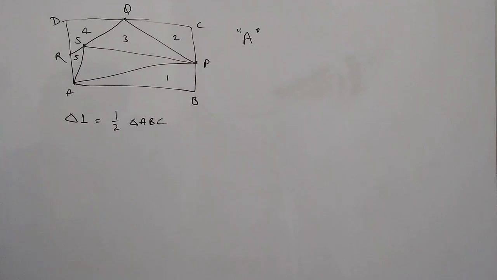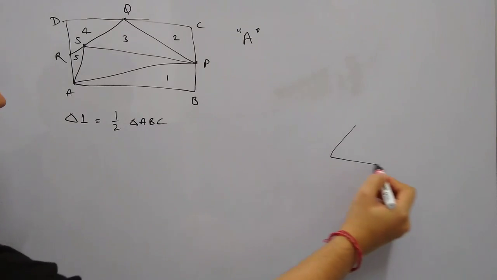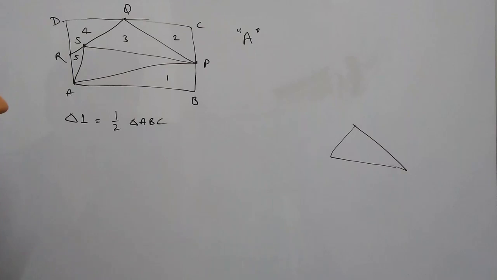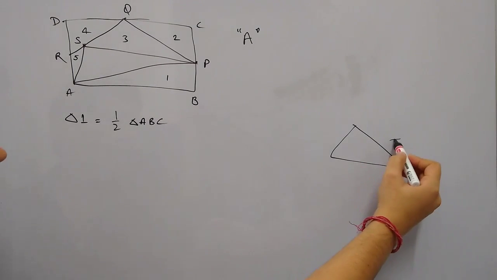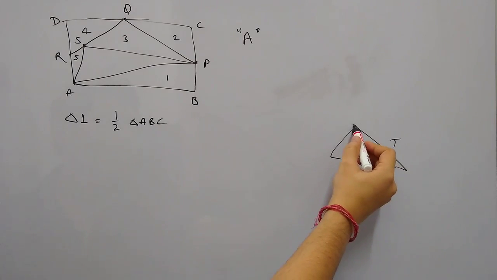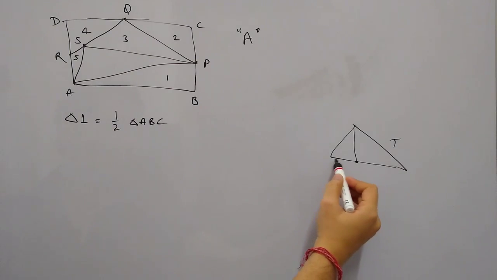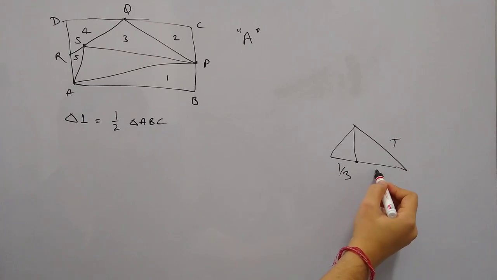One simple thing which we are going to use for multiple triangles is this: let's say we have a triangle of any irregular shape, and the area of this triangle is T, and there is any random line dividing this triangle into, let's say, 1/3 and 2/3.